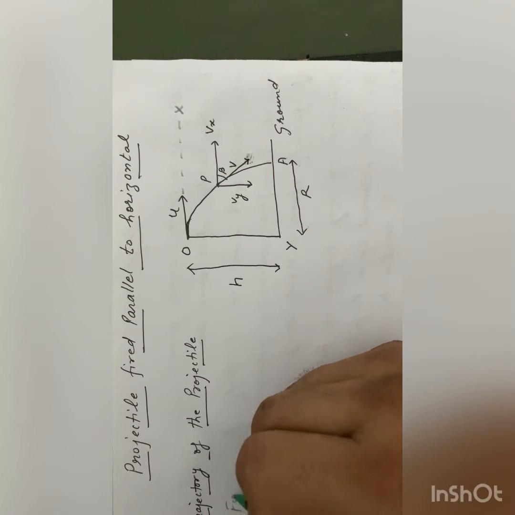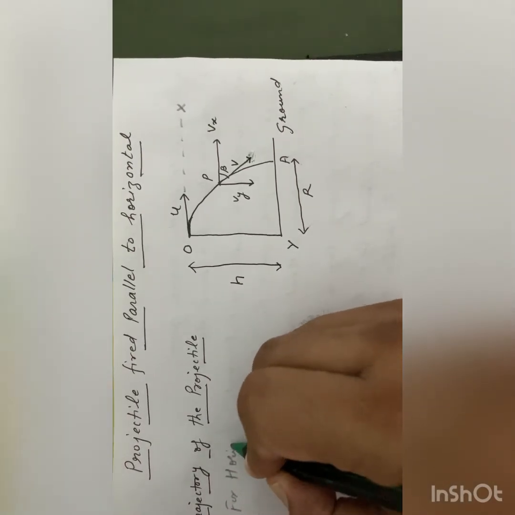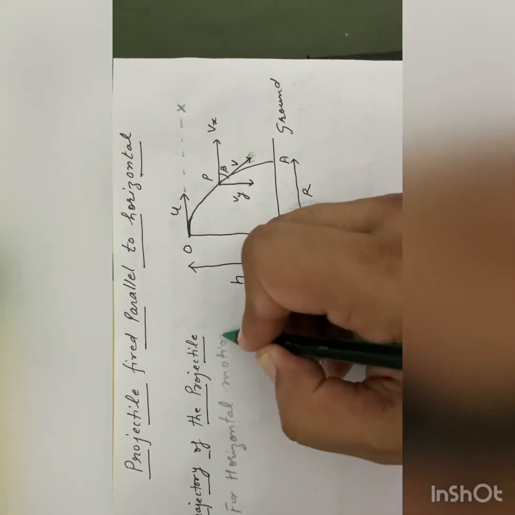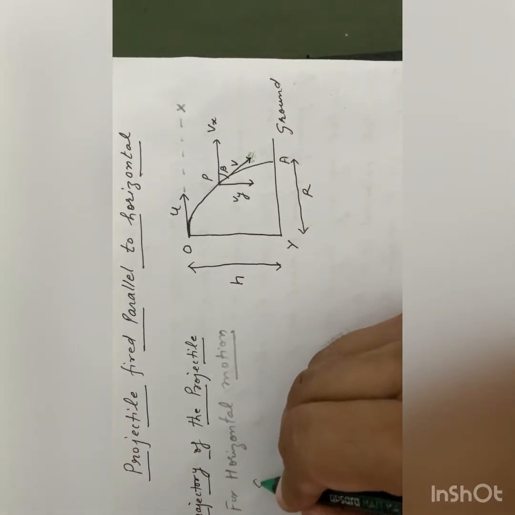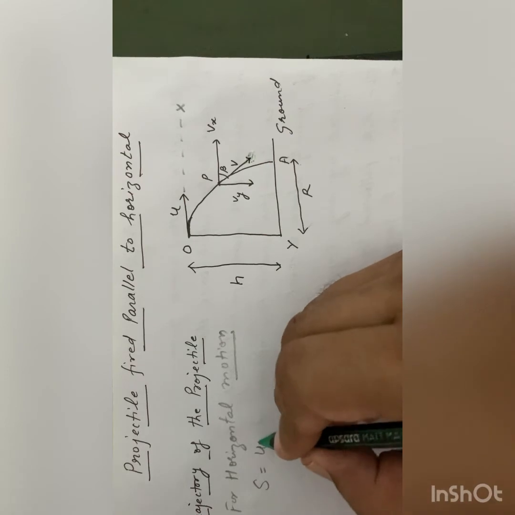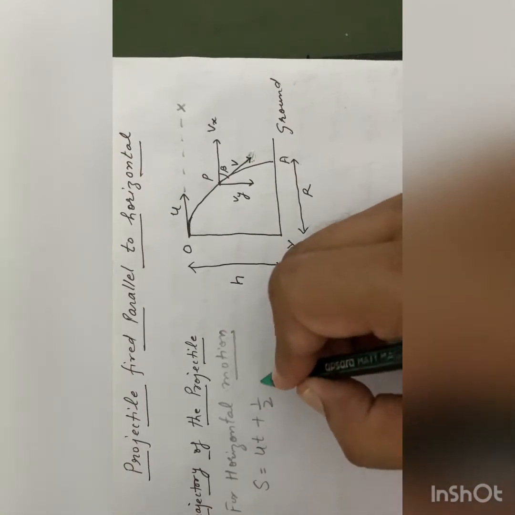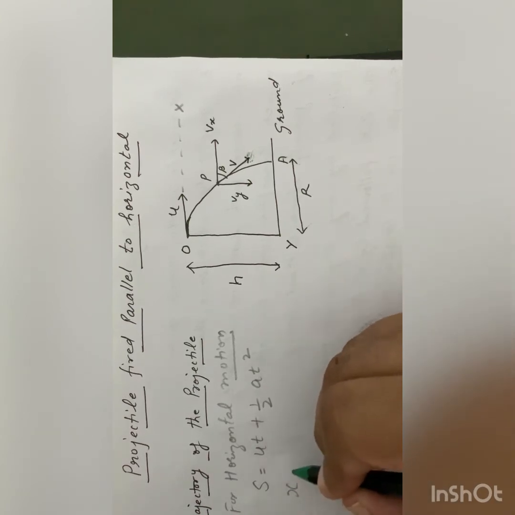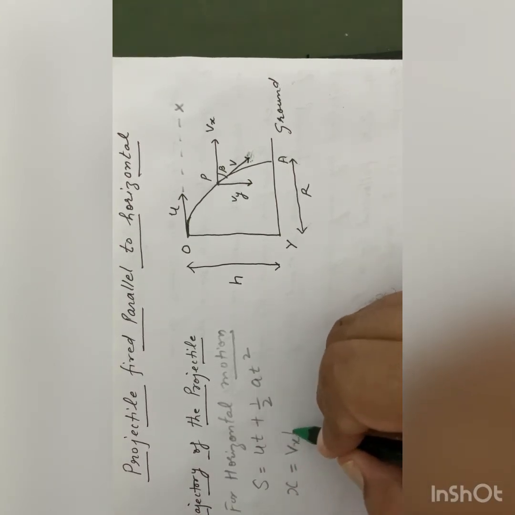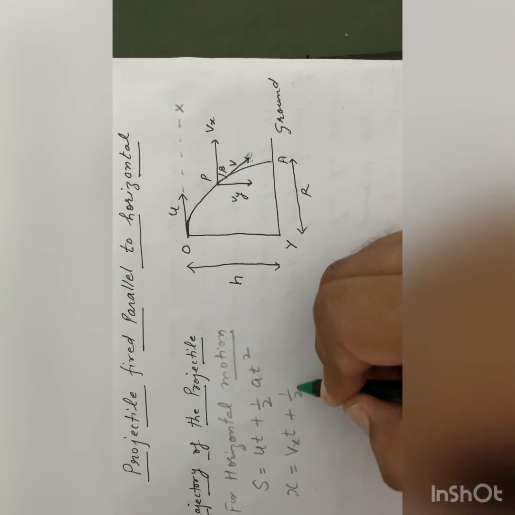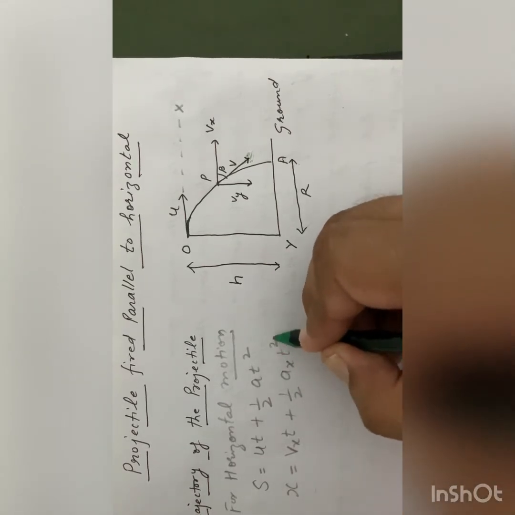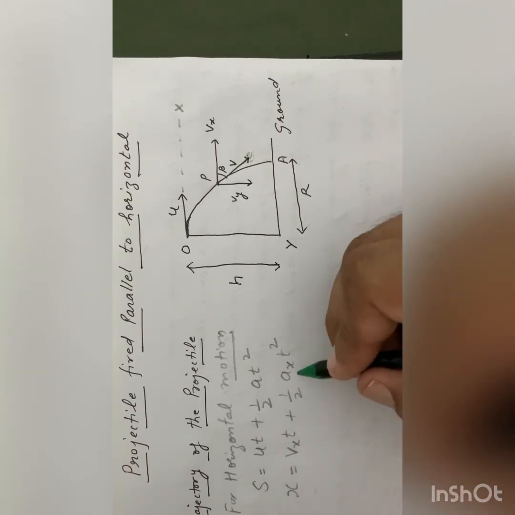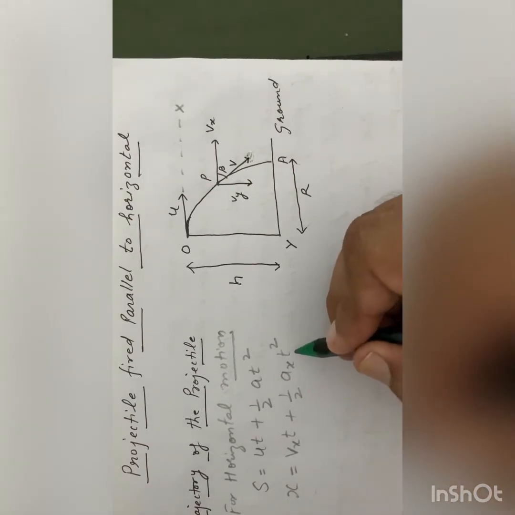For horizontal motion, we have S equal to ut plus half at square. Here S is equal to x, so x equals Vx t plus 1 by 2 ax t square. Vx is the velocity along x-axis, ax is the acceleration along x-axis.